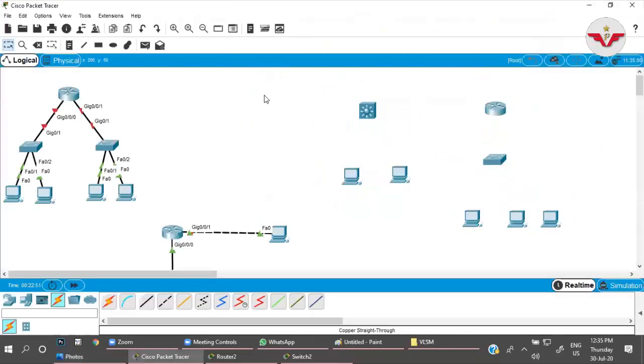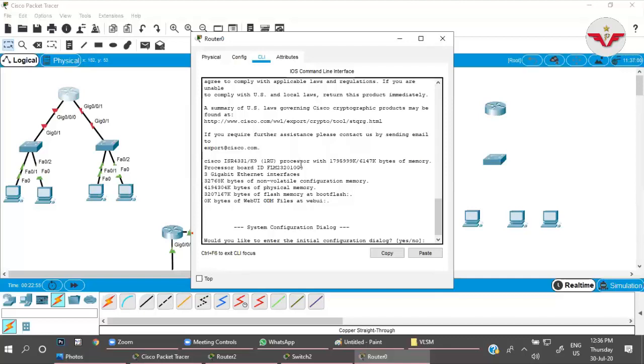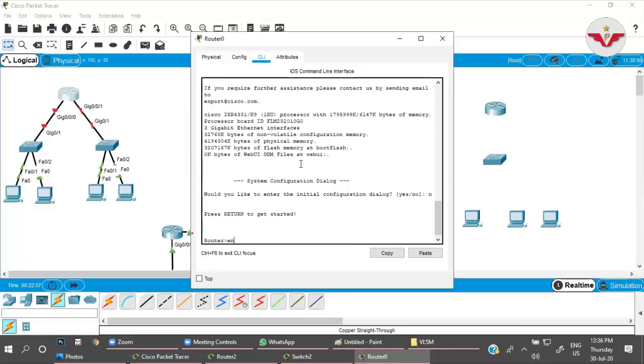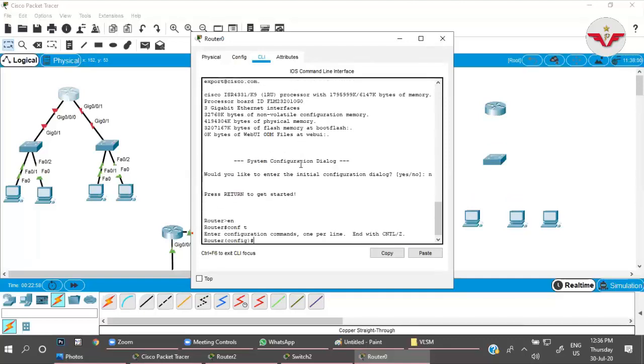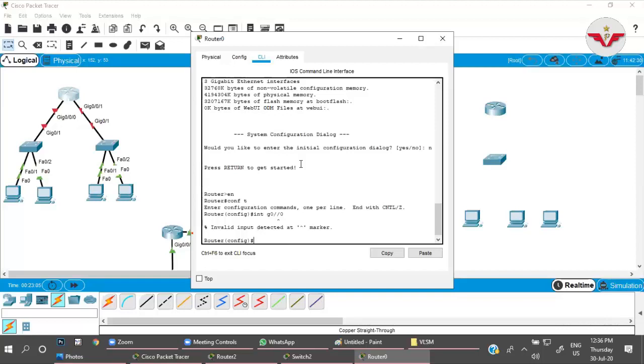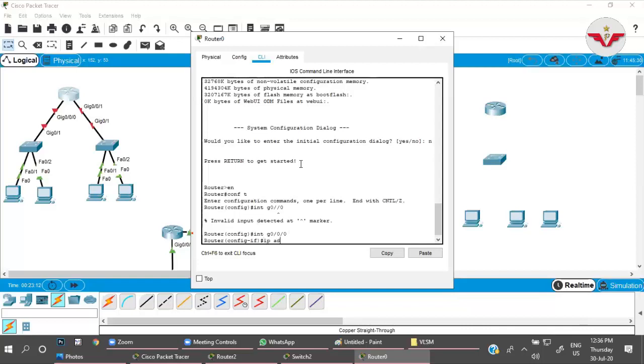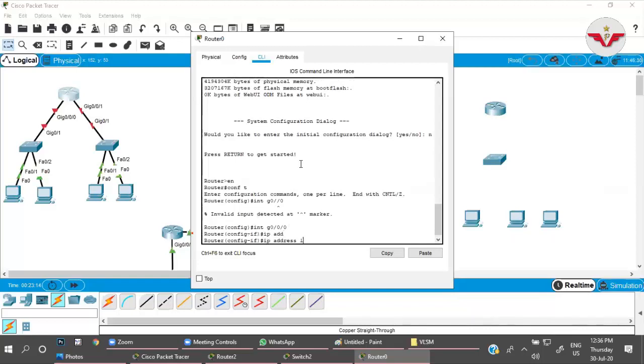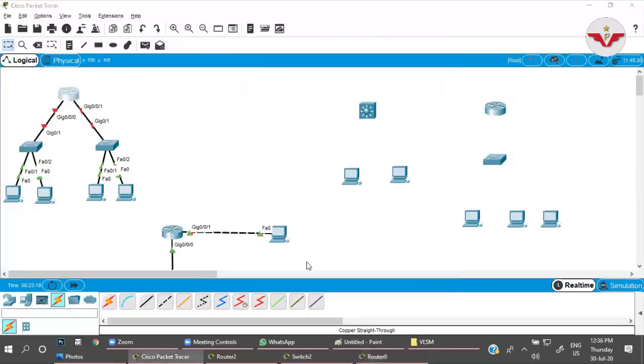Okay, so let us go here in the router. enable, config t, int g 0/0/0, IP address 192.168.0. What was the network here?